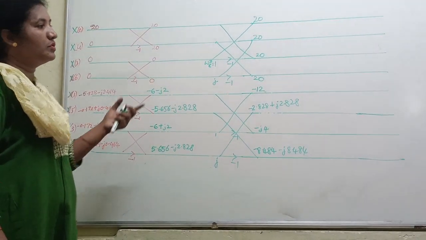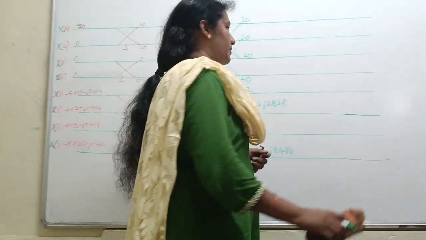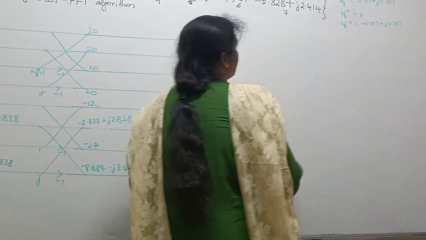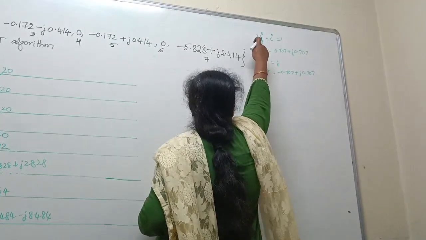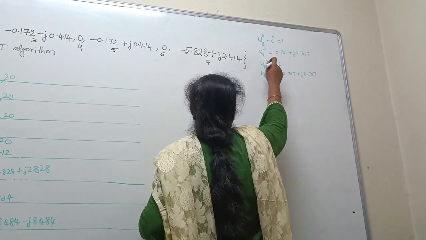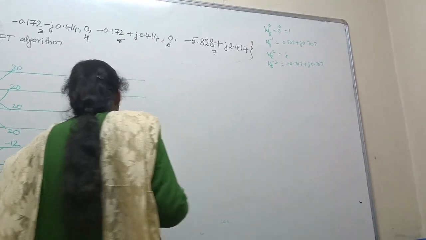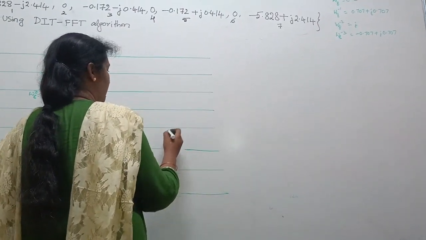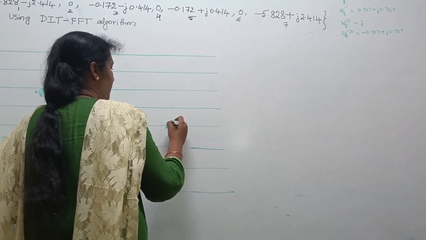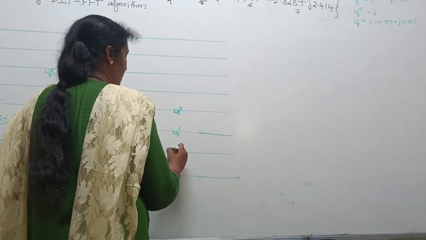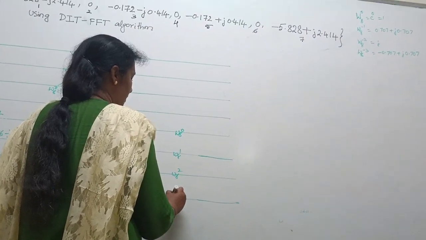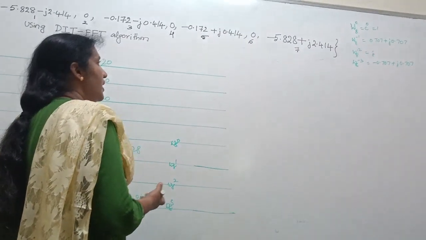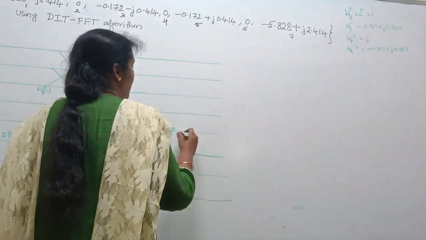Now how to draw the 8-point DFT? That one we have to solve. For that, first we need the twiddle factors: W8 power 0, W8 power minus 1, W8 power minus 2, W8 power minus 3. So we have to write the last 4 terms like this: W8 power 0, W8 power 1, W8 power 2 and W8 power 3. But these are for the inverse discrete Fourier transform, hence we will not get the values as minus.